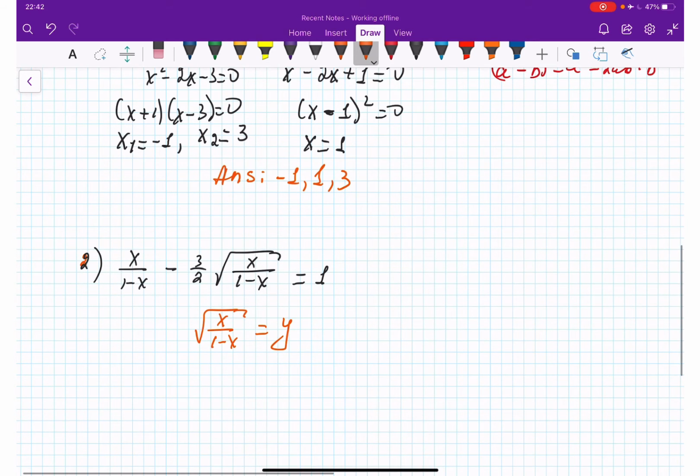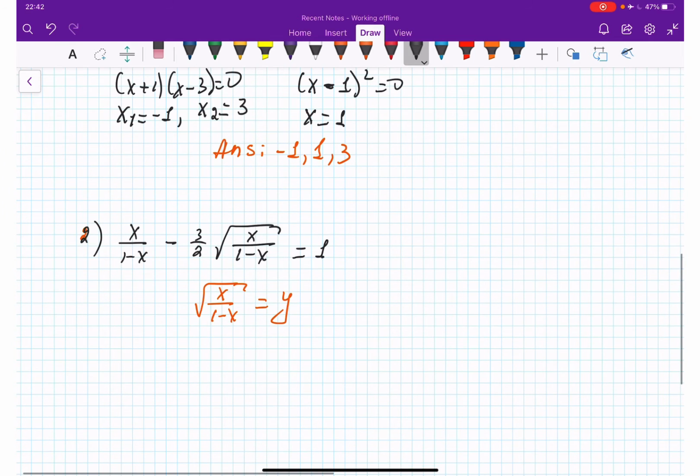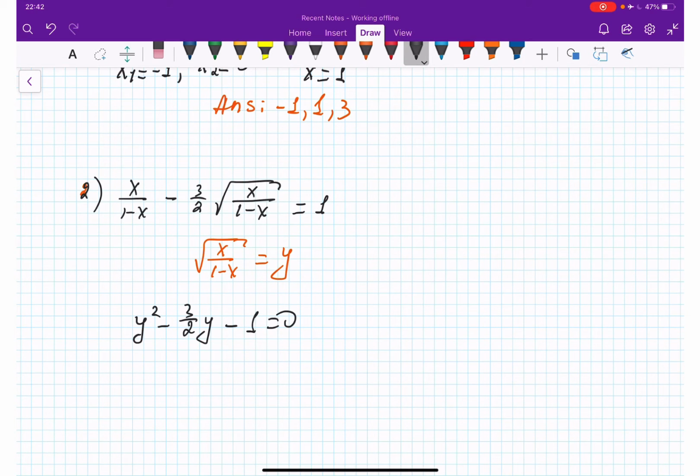So what does that mean? That means we are getting y squared minus 3 over 2 y minus 1 is equal 0. So if I get rid of denominator, it's going to be 2y squared minus 3y minus 2 equal 0.